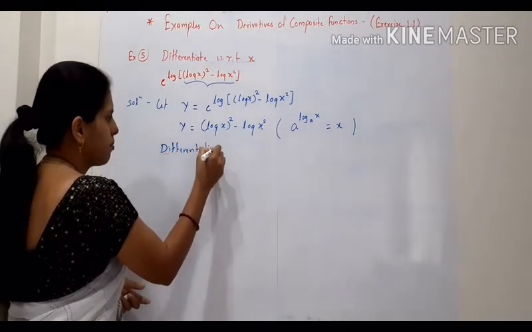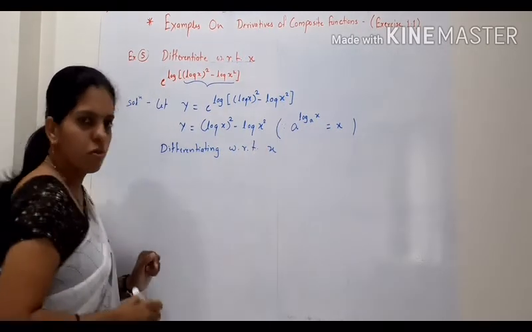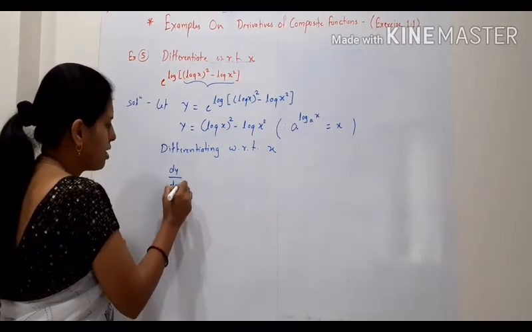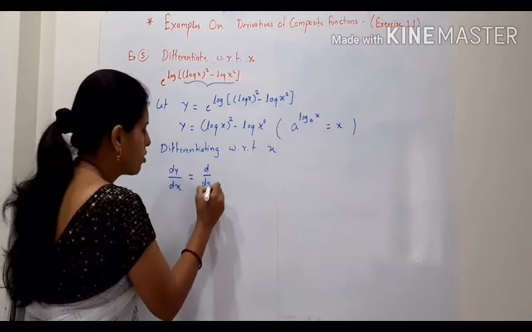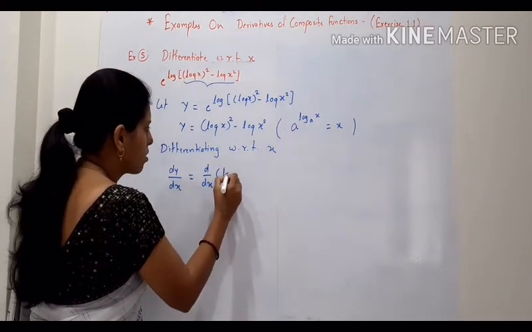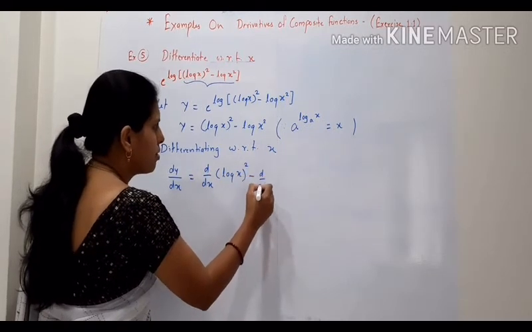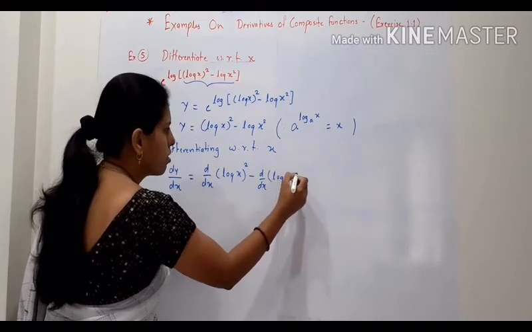Differentiating with respect to x on both sides, LHS dy by dx is equal to the derivative of the two terms, (log x)^2 minus the derivative of log of x^2.